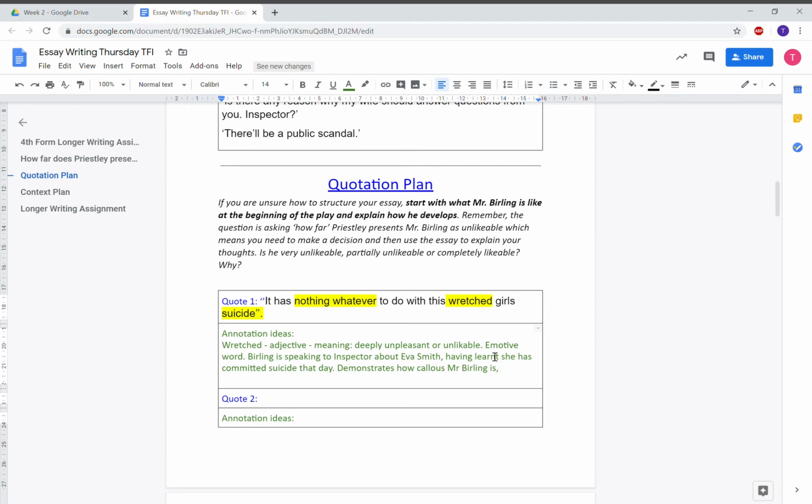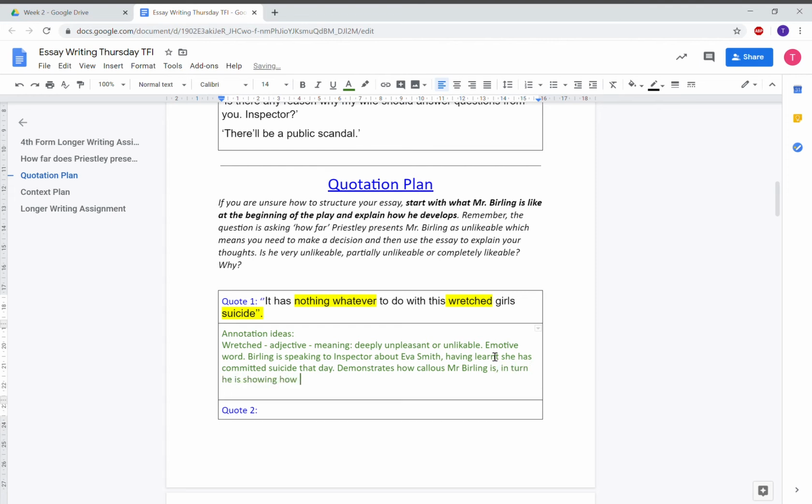And the reason why he's doing that is because he's demonstrating how callous Mr. Birling is, but he is also, in turn, showing how callous capitalism is, because Mr. B is a symbol for capitalism, okay?